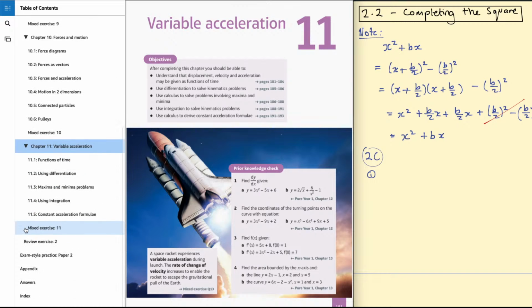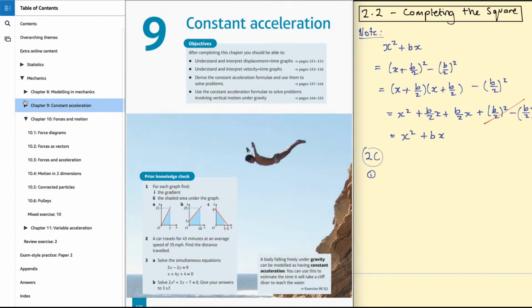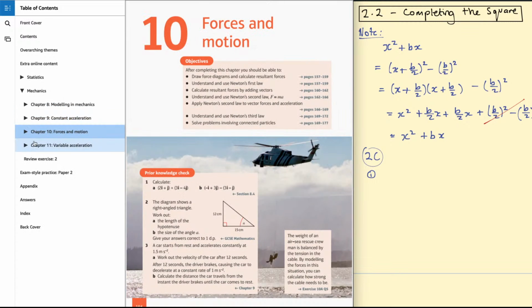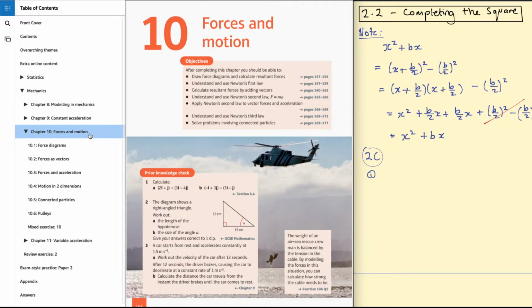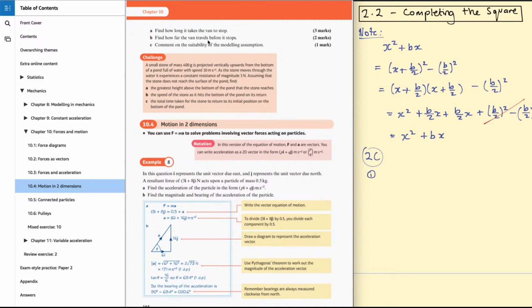Sounds like you're a bit ahead. I guess that could be the same as motion, motion in 2 dimensions. Variable acceleration.